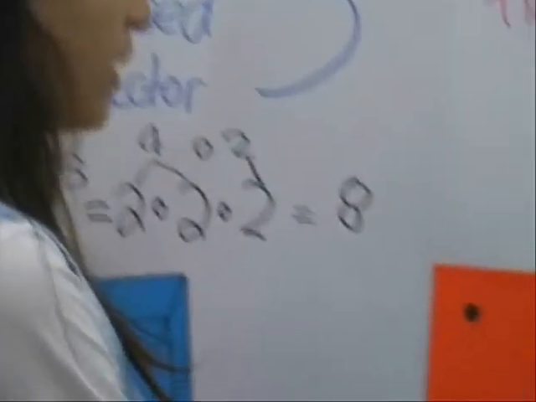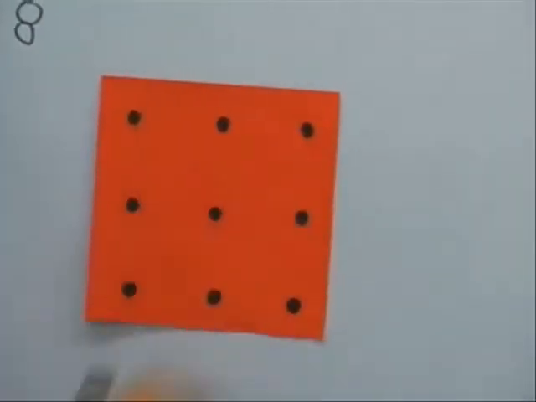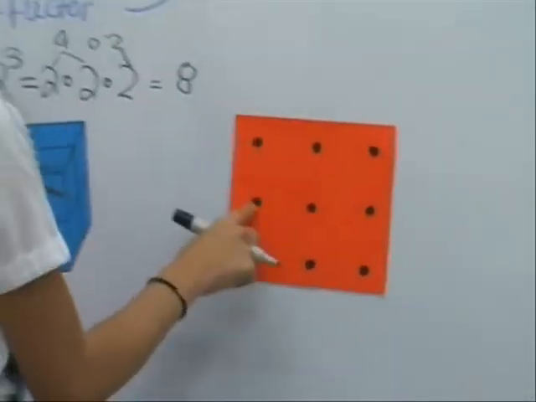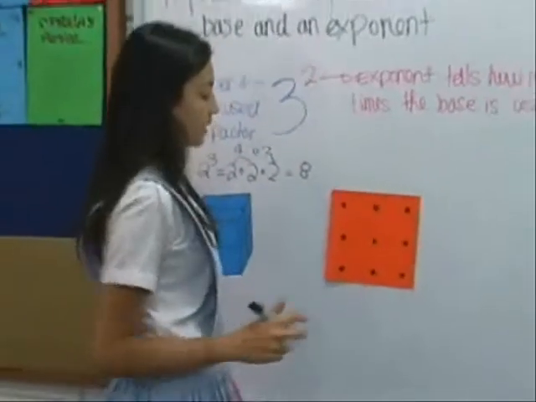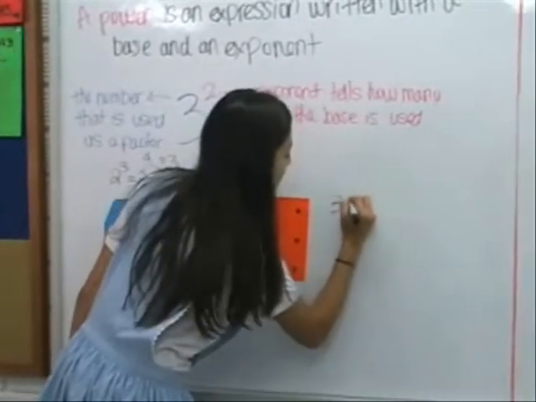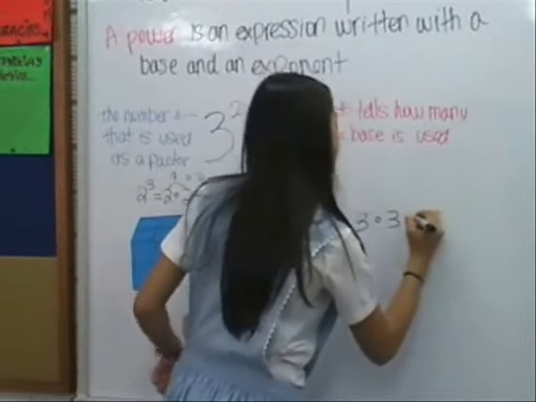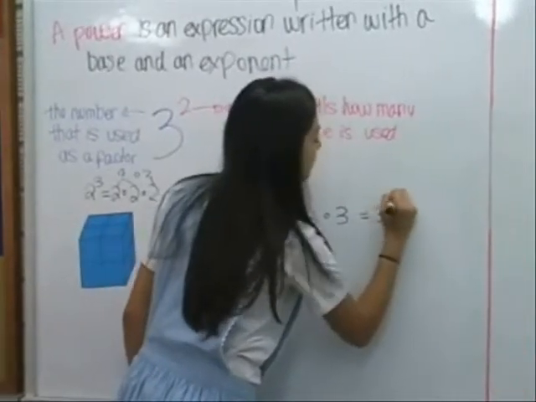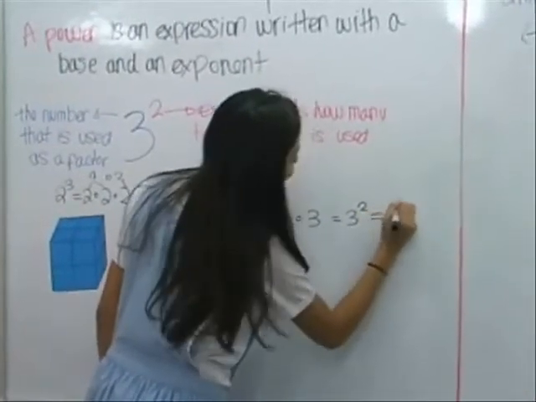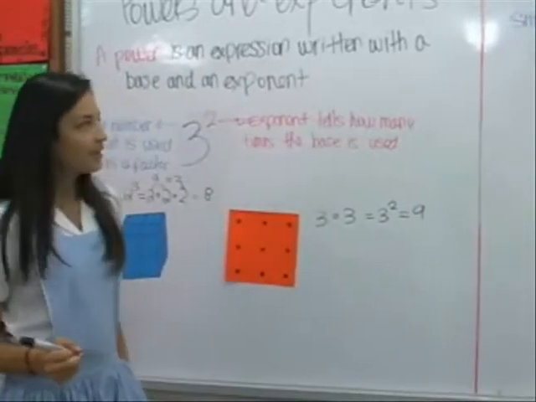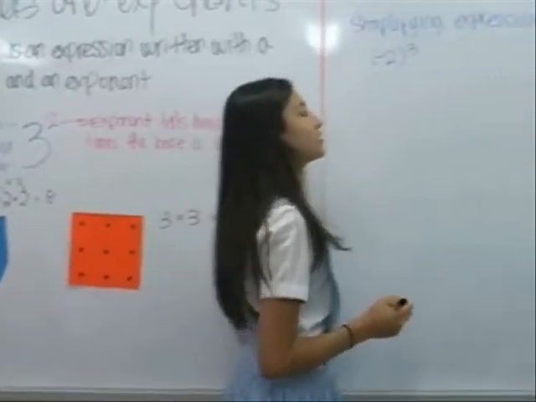Here, if you want to find the number of dots in the square, you have to multiply these 3 dots and these 3 dots. That is 3 times 3. Here we use the number 3 2 times. So it's 3 to the power of 2. That is equal to 9. Okay, simplifying expressions.